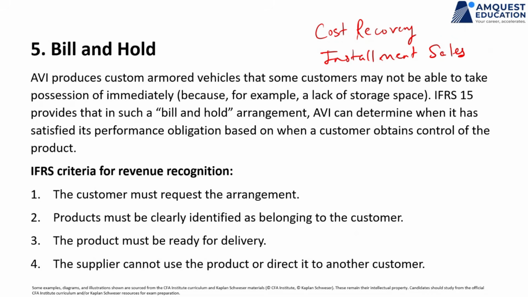So if it's a bill and hold transaction, what is the criteria for revenue recognition? The customer must request the arrangement. Product must be clearly identified as belonging to the customer. Product must be ready for delivery, and the supplier cannot use the product or direct it to another customer. If that is the case, you can recognize it as revenue.